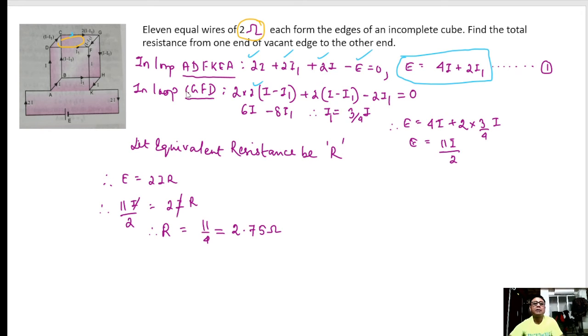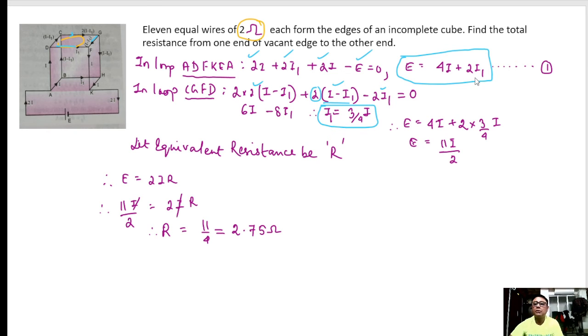Then we will go from G to F, in the direction of the current, again 2 into the current. Now we will go from F to D, which is against the current, so the potential difference will be negative, so minus 2I1, which is 0, and then we are getting this relation, I1 equal to 3 by 4 I.